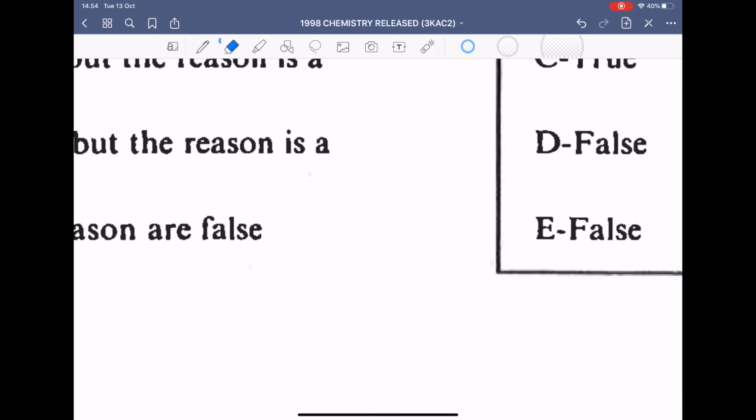So if you have a catalyst, let's draw a diagram here.